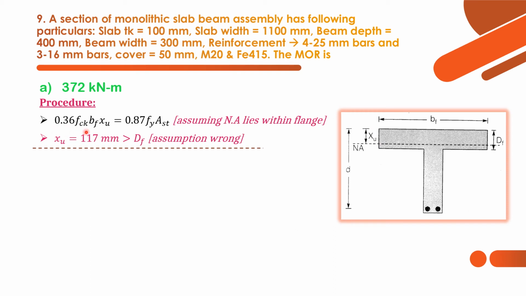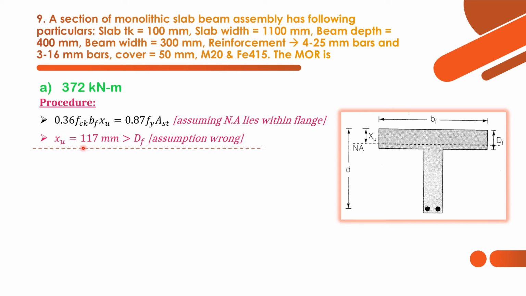Simply 0.36 FCK BF, because we are considering breadth of flange, into XU equal to 0.87 FY AST. Here we know all the things. FCK is 20, BF is slab width 1100 mm, and XU we have to find. 0.87 into FY is 415 and AST is 4 numbers of 25 mm and 3 numbers of 16 mm. So total AST we have to find and substitute here and find the XU value.